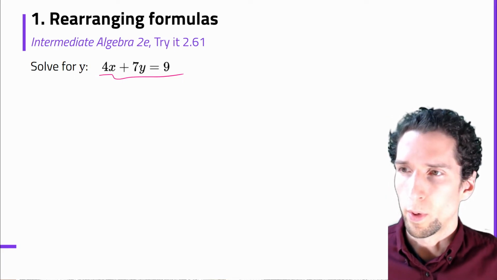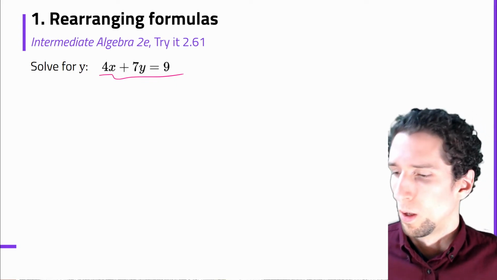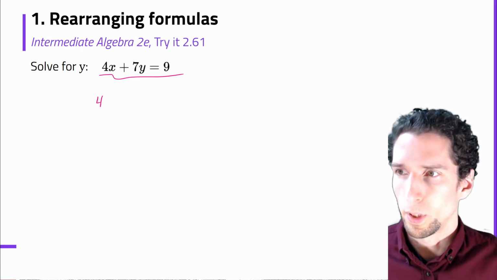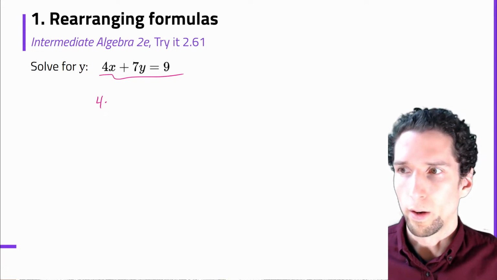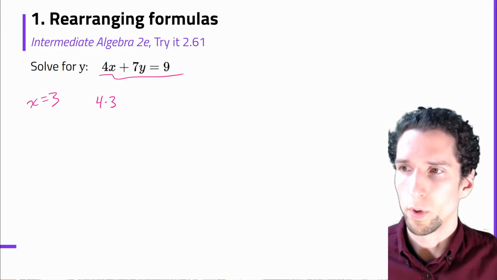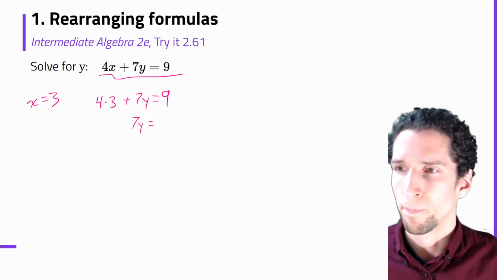So let's say, again, let's do our step of pretending that we are writing it separately. So 4 times, let's say, 3. Pretend that x is equal to 3. 4 times 3 plus 7y equals 9, so 7y.